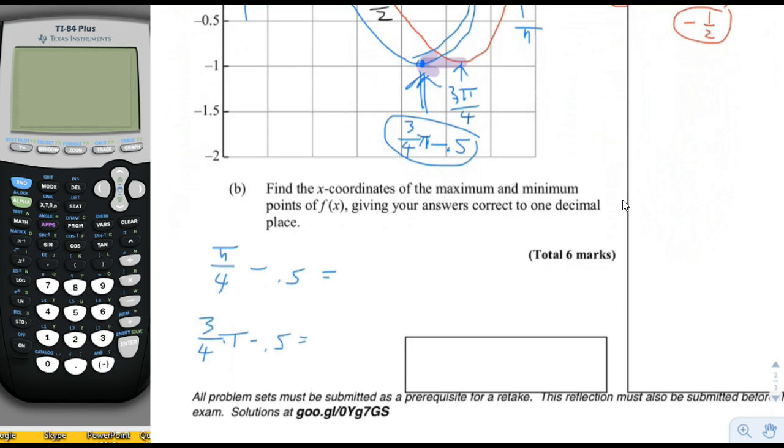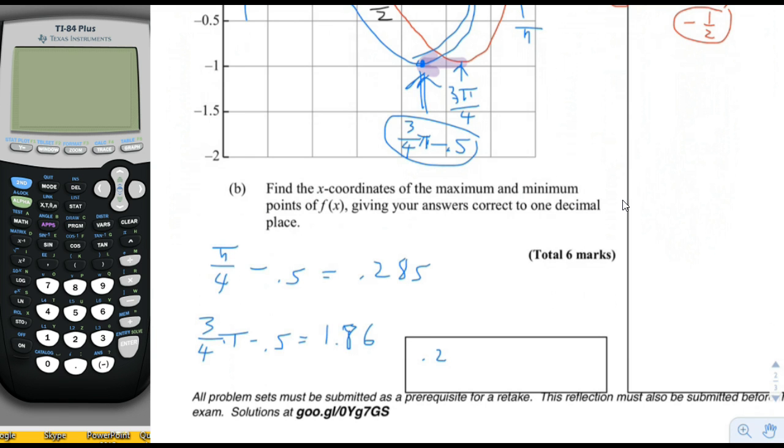So we can find some values for that. It would be 3.14 divided by 4, 0.785, minus 0.5, and that gives us 0.285. And 3/4 pi would be 2.355, and then we subtract 0.5 from that, and we get 1.86.